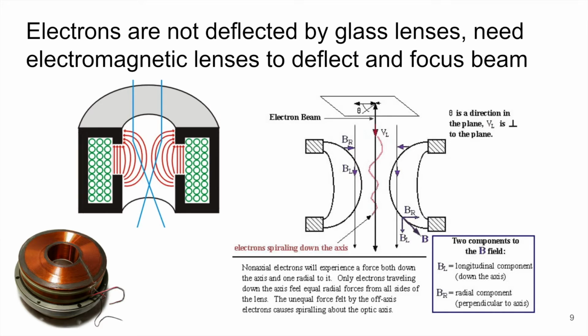So to serve that same purpose of focusing, we need to use electromagnetic lenses, or EM lenses. And so that's what we use here. And so this is a schematic showing the cross section of what one of these lenses actually looks like.